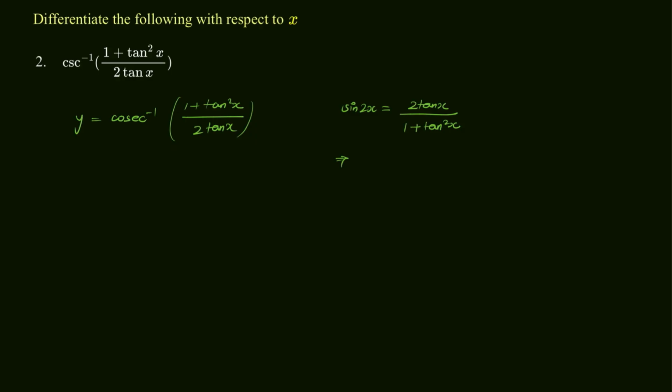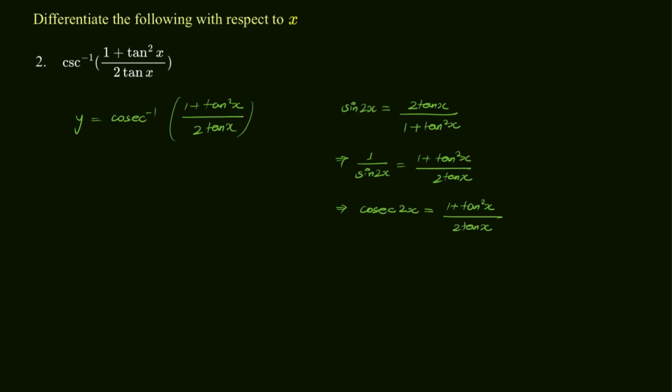Now if I flip the fractions on both sides, then we will have 1 by sin 2x equals 1 plus tan square x by 2 tan x, and 1 over sin means cosec, so this will be cosec 2x equals 1 plus tan square x over 2 tan of x.